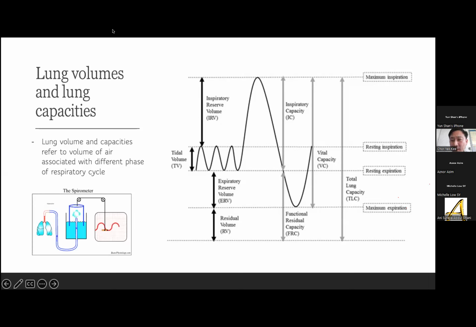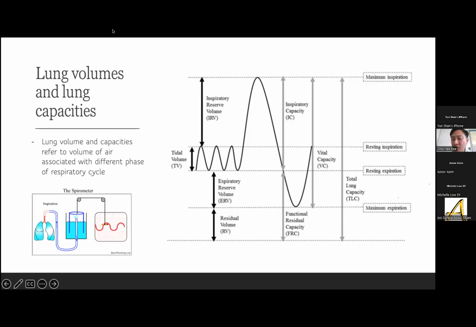The second is that we are doing forced inspiration, as compared to negative pressure inspiration. During inspiration it's a positive pressure, and the positive pressure causes some distension of the ventilator tubing.